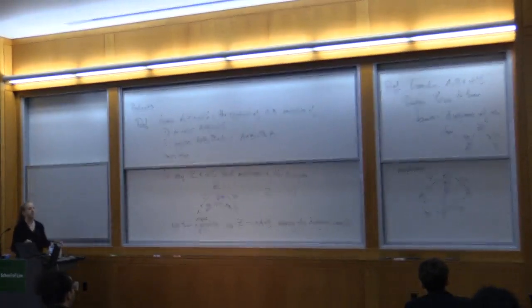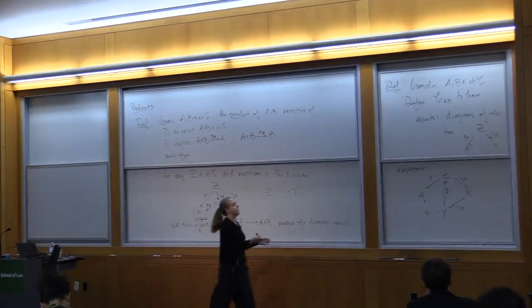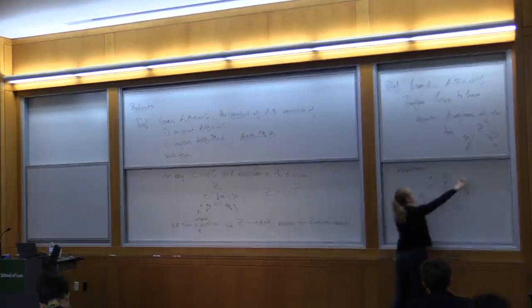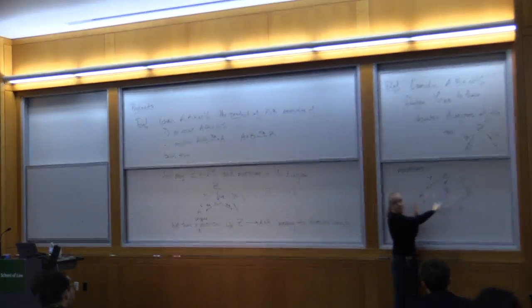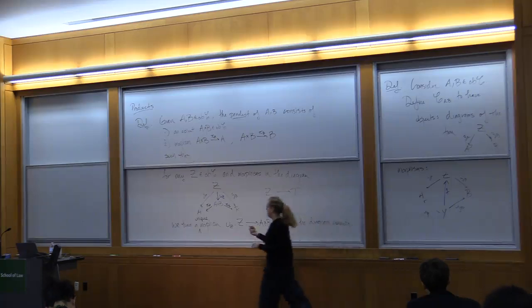For identities in categories, we need that if this object and this object are the same, then we can produce a morphism between them.